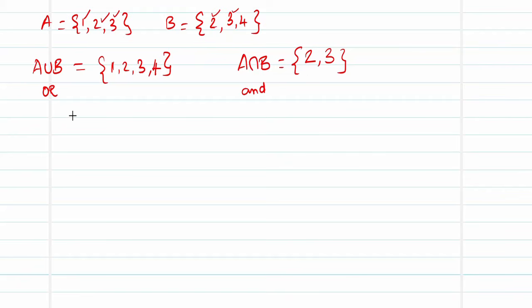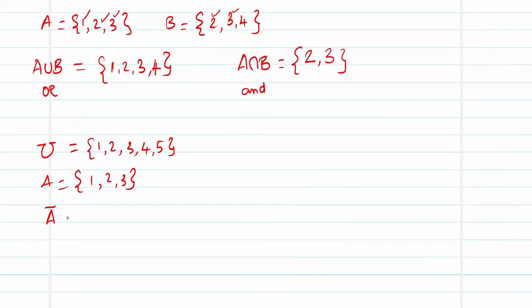Now if I define my universal set to be the collection of 1, 2, 3, 4 and 5, and I have already defined my A to be equal to 1, 2 and 3, what can you say about A complement? A's complement are elements of U but are not in A. They belong to U, they do not belong to A. So these elements 1, 2, 3 which are in A are going to be slashed off.